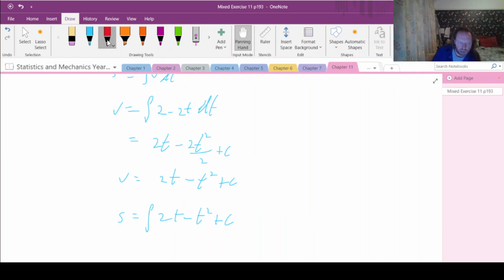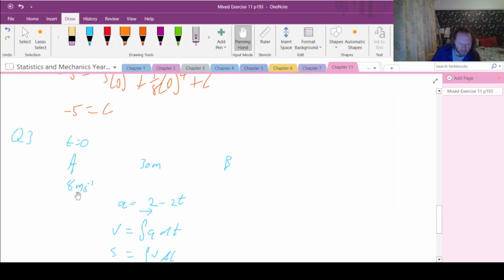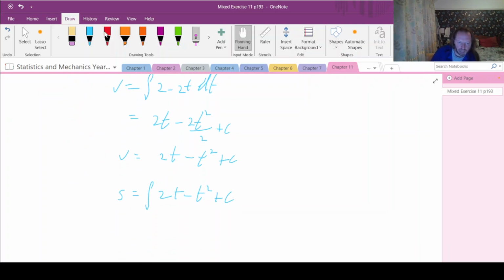Velocity is 8 at t equals 0, so 8 equals 2 times 0 minus 0 squared plus c, and therefore 8 equals c. So I can change my velocity equation to plus 8.